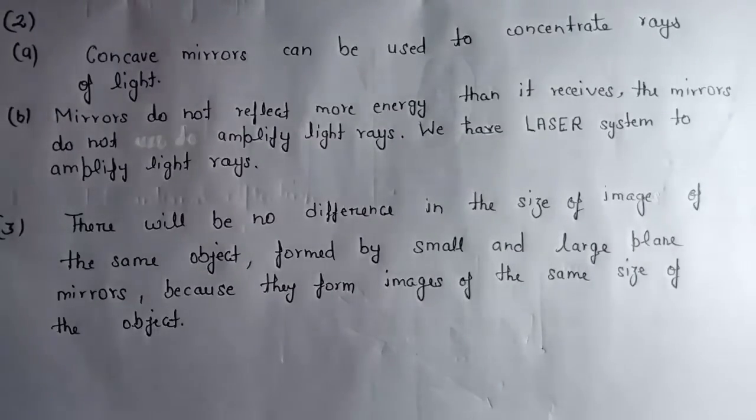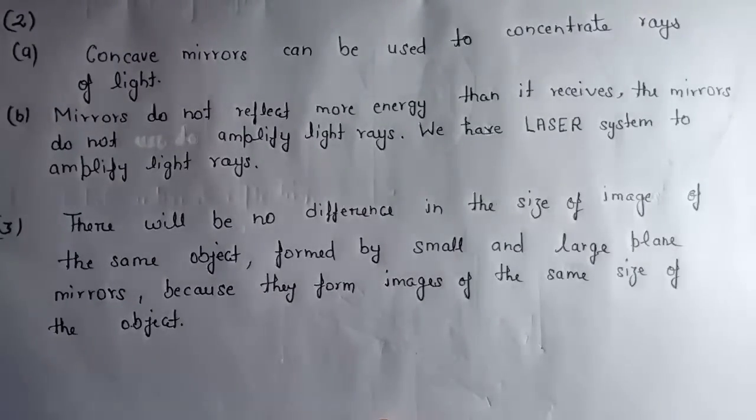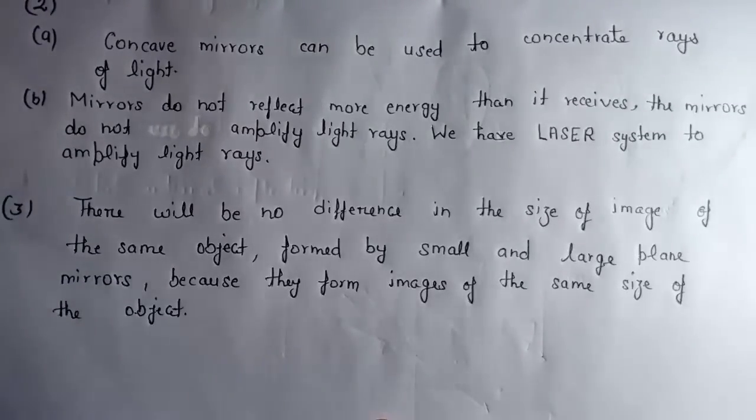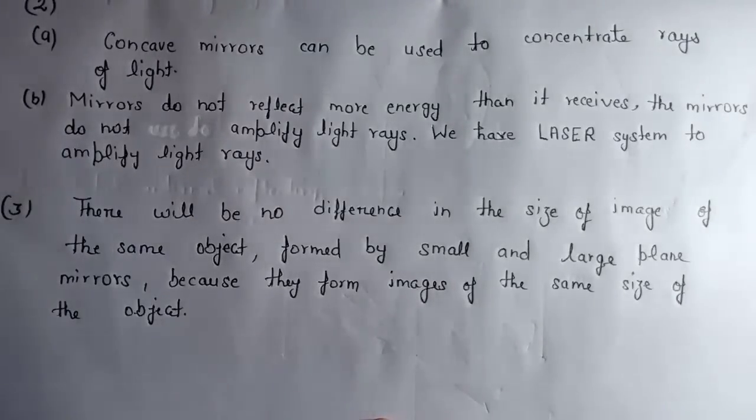Then we have: concave mirrors can be used to concentrate rays of light. There is a question, which mirror is used to concentrate the rays of light? Concave mirrors are used to concentrate rays of light. The second question is, which mirror is used to amplify the rays of light? Actually, mirrors never reflect more energy than they receive.